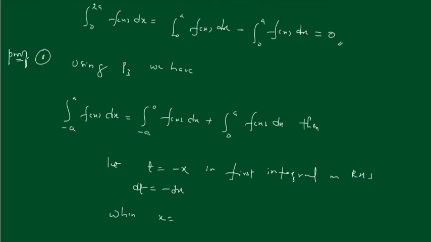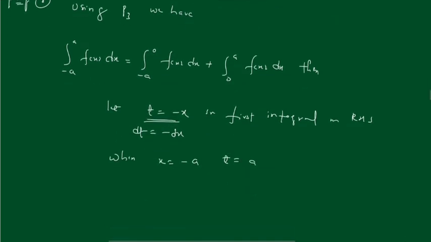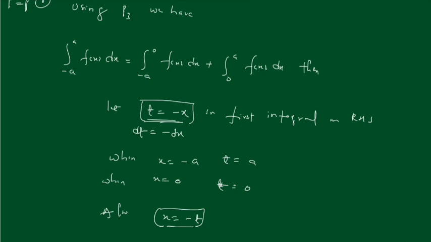When x equals minus a, t equals a, and when x equals 0, t equals 0. Also we can write x equals minus t, right?